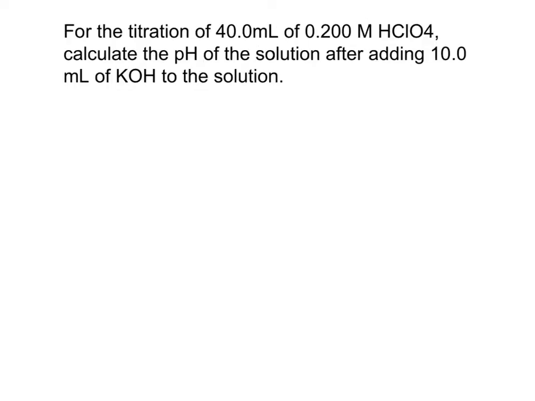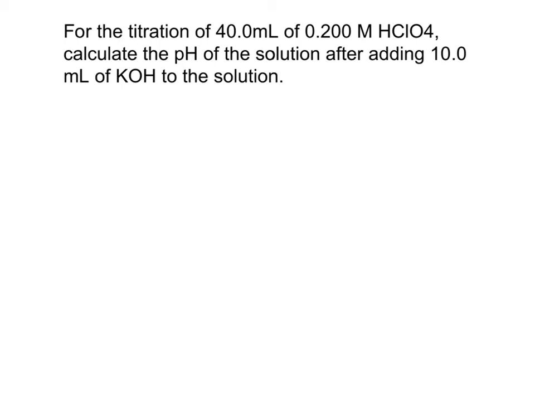Okay, so this is 53B. We're doing the same titration, 40 mL of 0.2 molar perchloric acid. We want to calculate the pH of the solution after adding 10 mL of KOH, or potassium hydroxide, to the solution. A couple of things we want to keep in mind: this is a strong acid and strong base, so the calculations we're going to do are stoichiometry-type calculations.